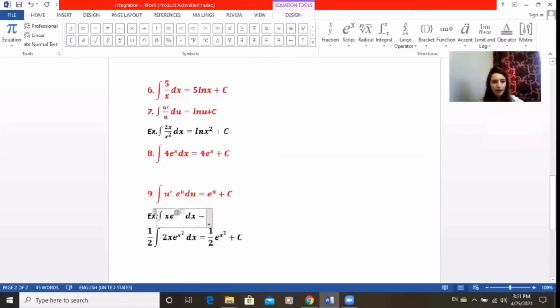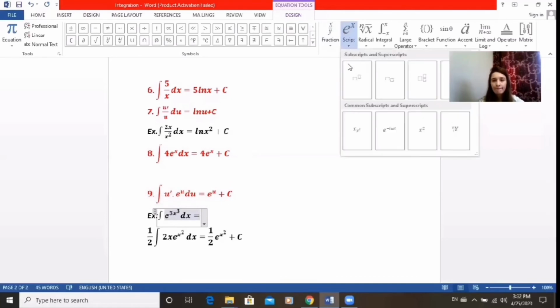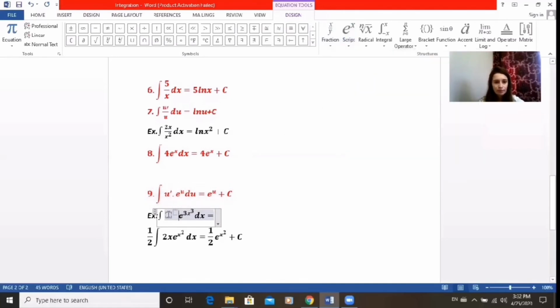Maybe I have 3x to the power 3, and here just x squared. Okay, let's take this example: integral of x squared dot e to the power 3x cubed.